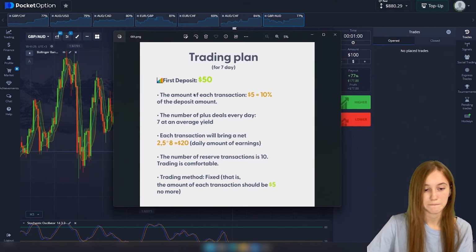You can see 3 average rates in percentage. It brings you respectively $2.50. This also increases your deposits.